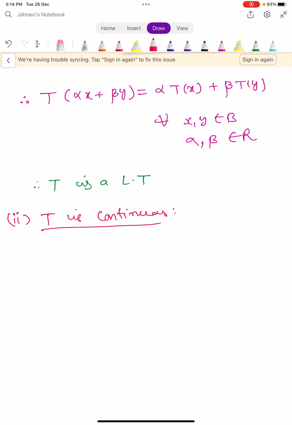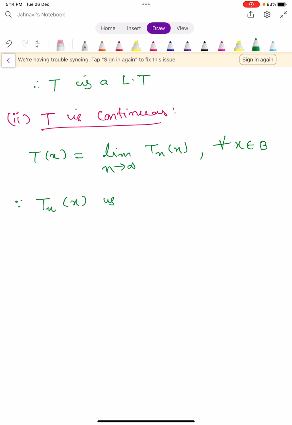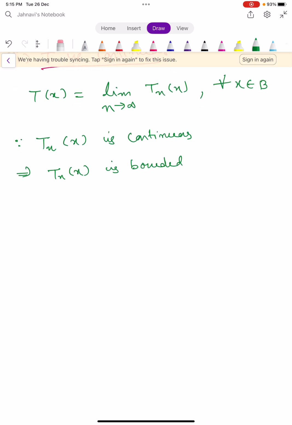So by definition we have T of x is equal to limit n tends to infinity Tn of x for all x belonging to capital B. So you observe that since Tn of x is continuous, which implies Tn of x is bounded. Every continuous function is bounded.